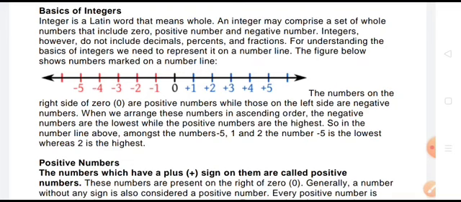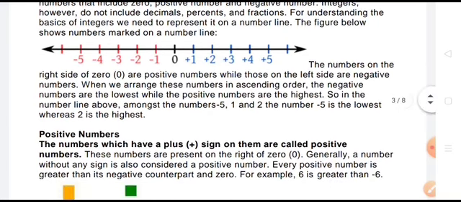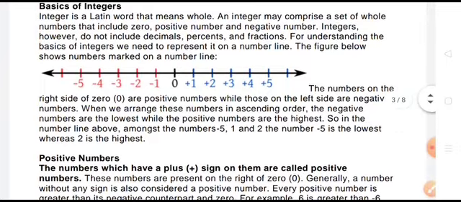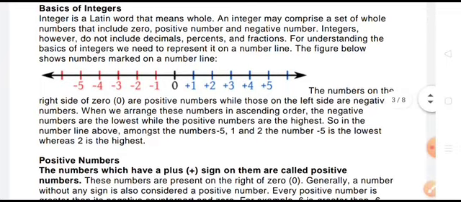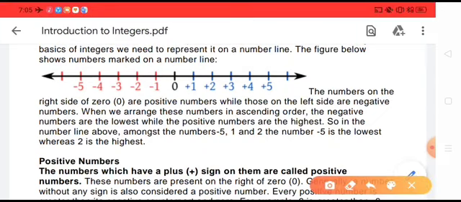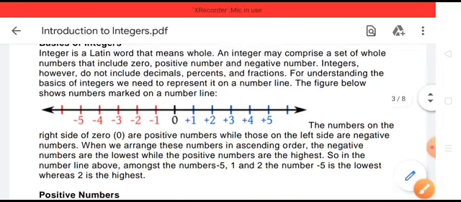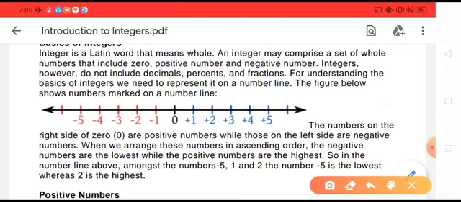Here are the points: an integer consists of positive, negative and whole numbers, but an integer does not include decimals, percentages, and fractions.